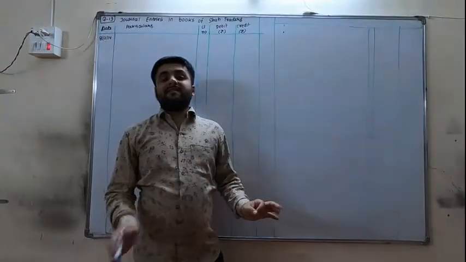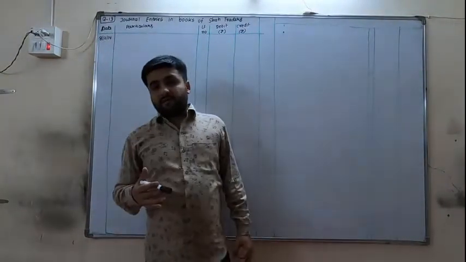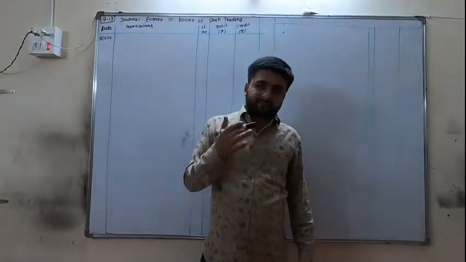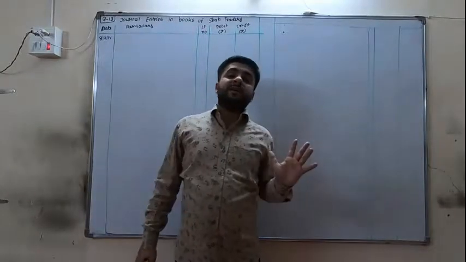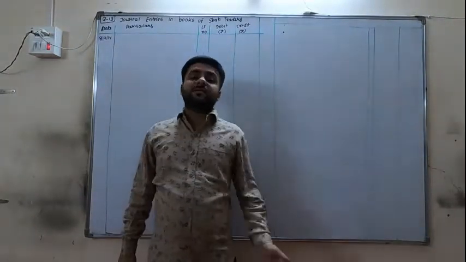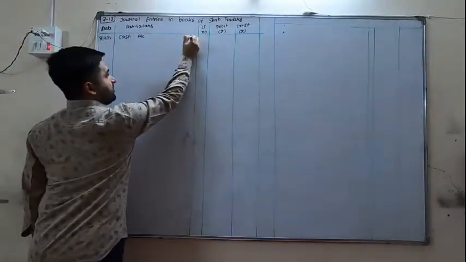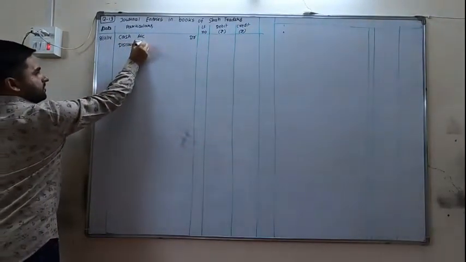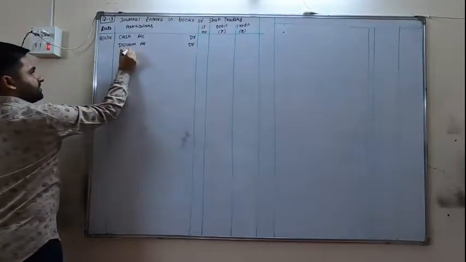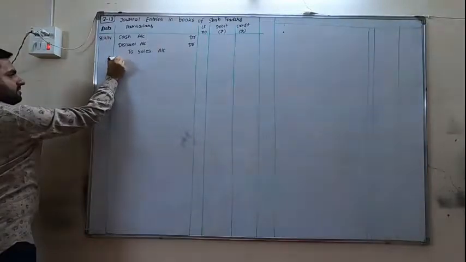Now see, we are selling the goods, goods are going out, sales credit. We are selling the goods for cash. Cash will be received, cash account debit. Also, discount should be debited because the effect of cash discount is given for the amount received in cash. So, cash account debit, discount account debit to sales account.